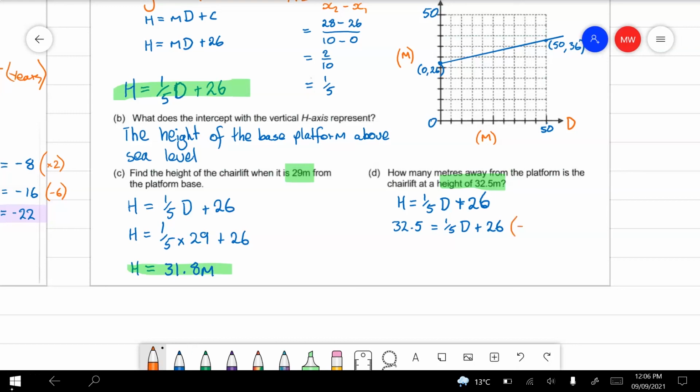So let's take 26 from both sides and we'll end up with 6.5 equals 1/5 of the distance. And then if we multiply by 5, we'll find that the distance is again 32.5 meters, only through coincidence. Don't forget your units on these ones. And that's it.